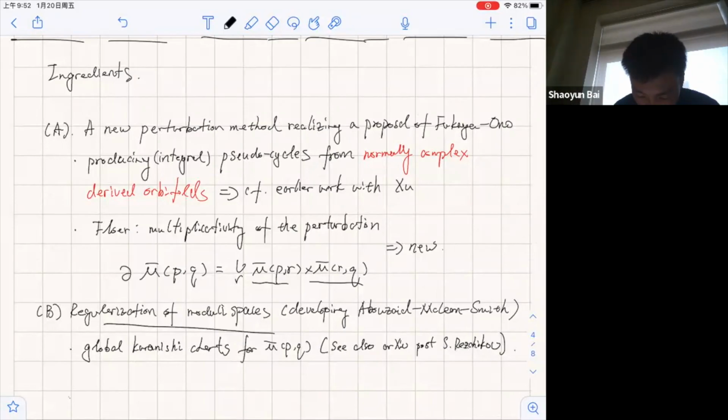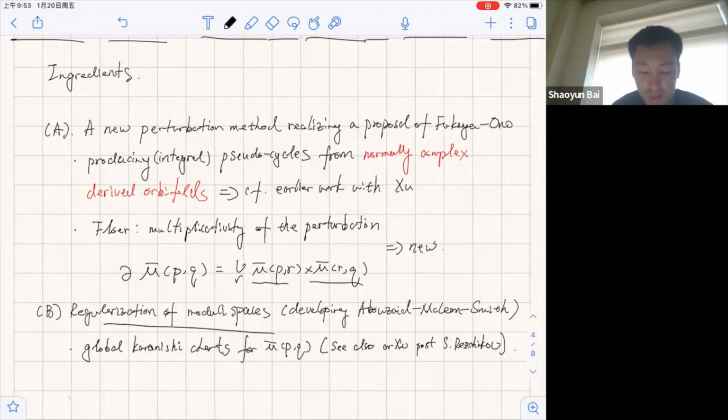But as already presented in the work of Abouzaid-McLean-Smith, they use some kind of smoothing theory, developed by other topologists in the 60s and 70s, to endow the moduli space with smooth structures. So that's also the approach we are going to take. But in the case of Floer theory, we have infinitely many moduli spaces, and these moduli spaces are usually manifolds with corners. So we need to develop some kind of smoothing theory.